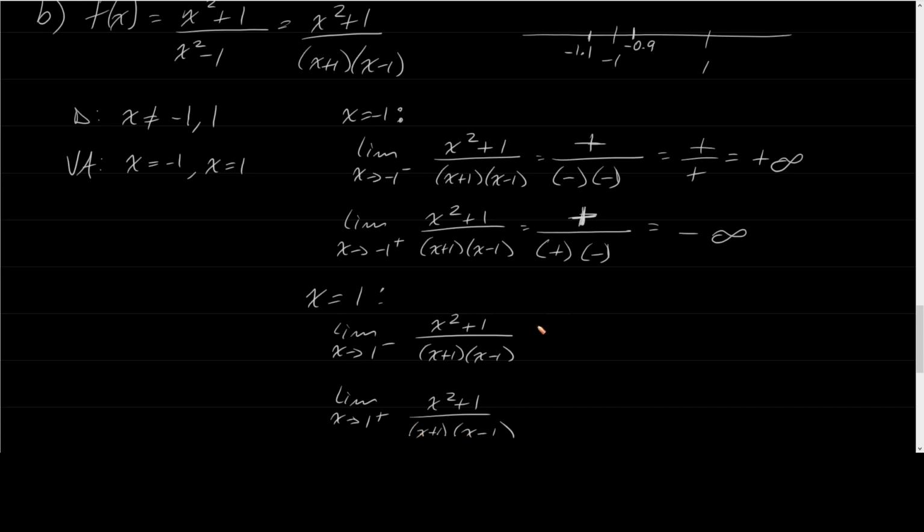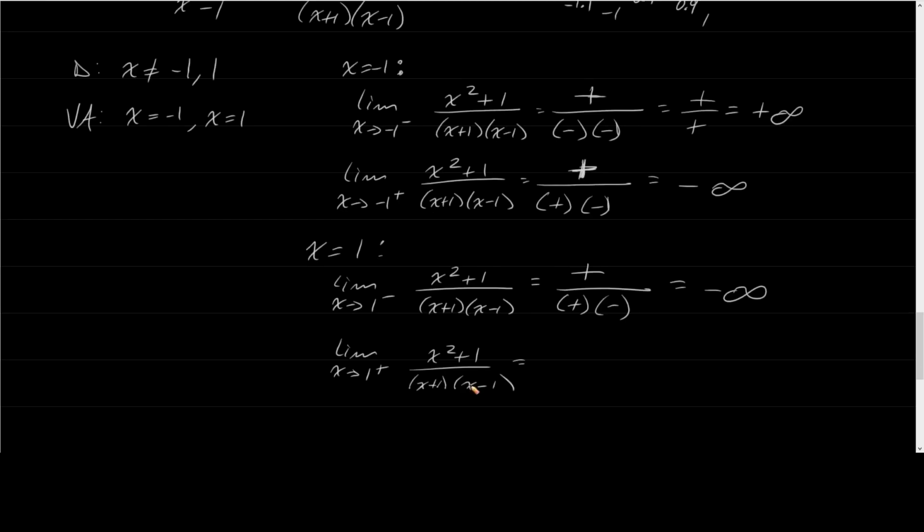Now in here, let's see what we have. We're going to take the limit as x approaches 1 from the left. 1 from the left, that's something like 0.9. So on the top, again, we said the top is just always going to be positive because we're squaring and then adding 1. But on the bottom, 0.9 plus 1, that's positive. 0.9 minus 1, that's negative. So overall here, how many negatives do I have? 1. That's an odd number of negatives, so it stays negative.